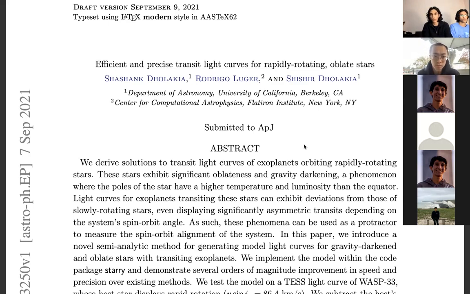The other possibility is planet-planet scattering. So this entails that the hot Jupiter forms like in our solar system. There's a Jupiter and there's a Saturn.